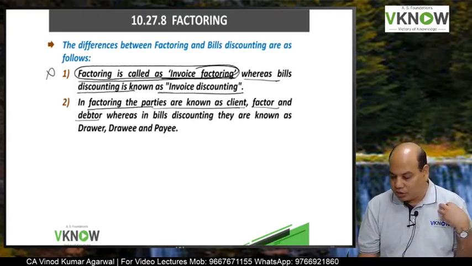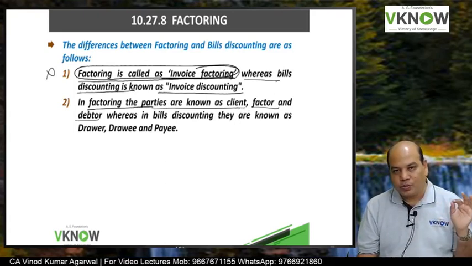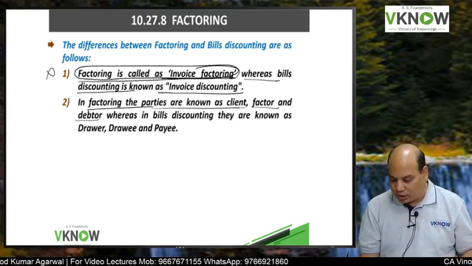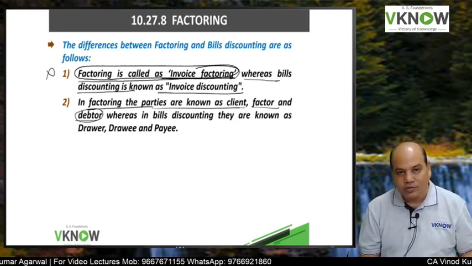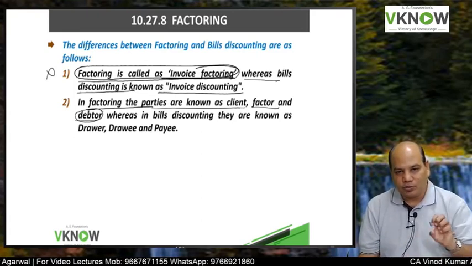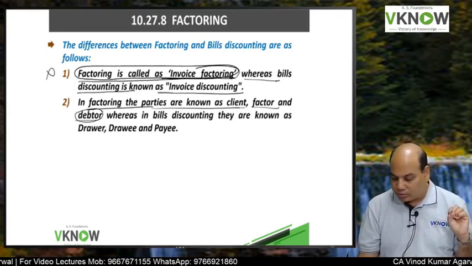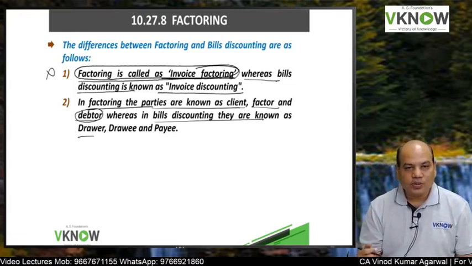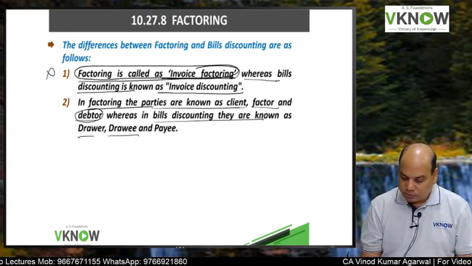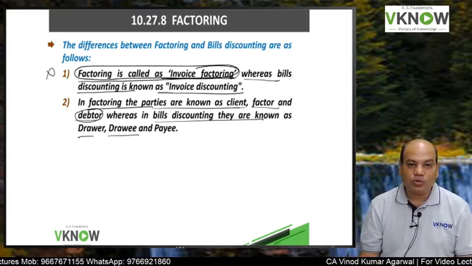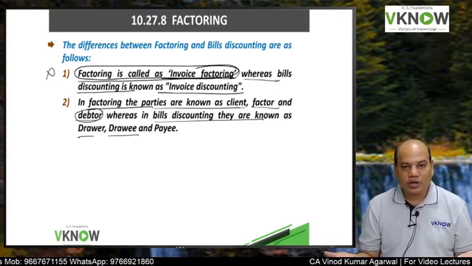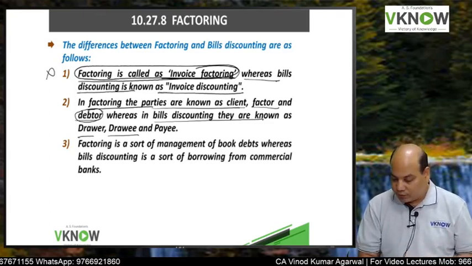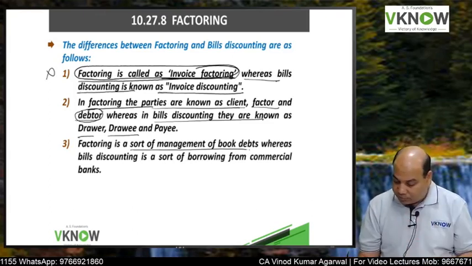The company is known as the client. The one who is providing factoring services is called the factor, and the customer is known as the debtor. The customer is the party from whom the money has to be recovered. But in bill discounting, the person who draws the bill is called the drawer. The person on whom the bill is drawn, who accepts the bill, is the drawee, and the bank is the payee. Factoring is a sort of management of book debt.